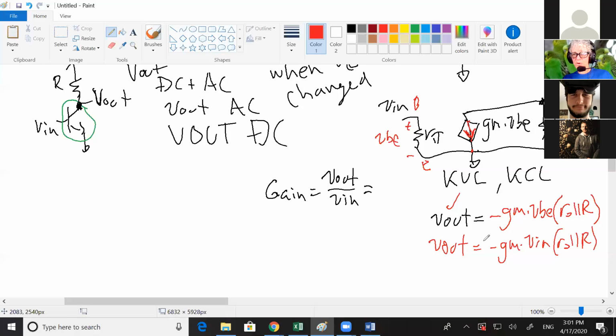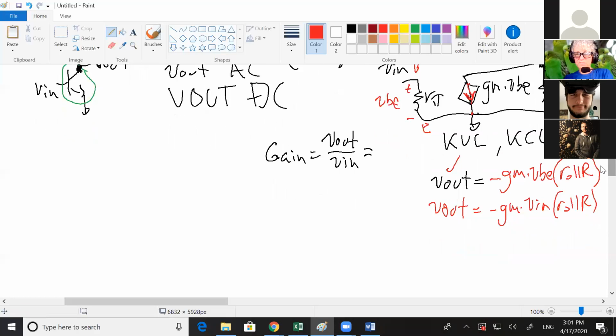And if you divide both sides by Vn, you get negative Gm, Ro parallel R. And that is the equation for gain for a common emitter amplifier.